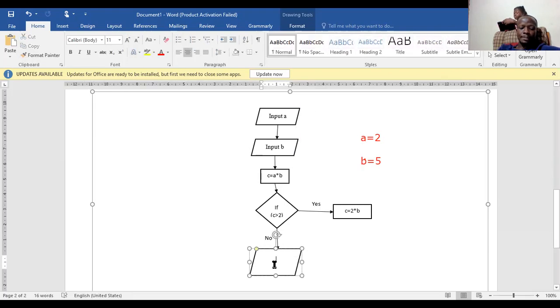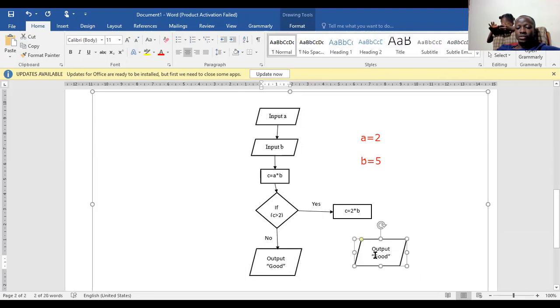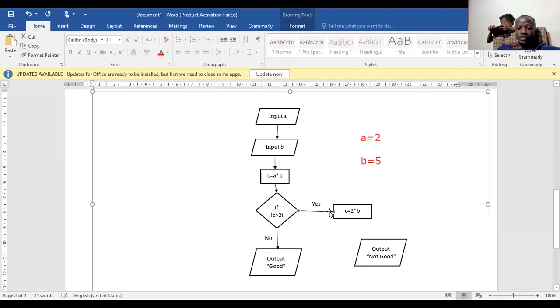We want to say outputs good. Okay, yes, process this time this, and we can still output not good. Okay, so given A equal to 2, B equal to 5, what would be the results?